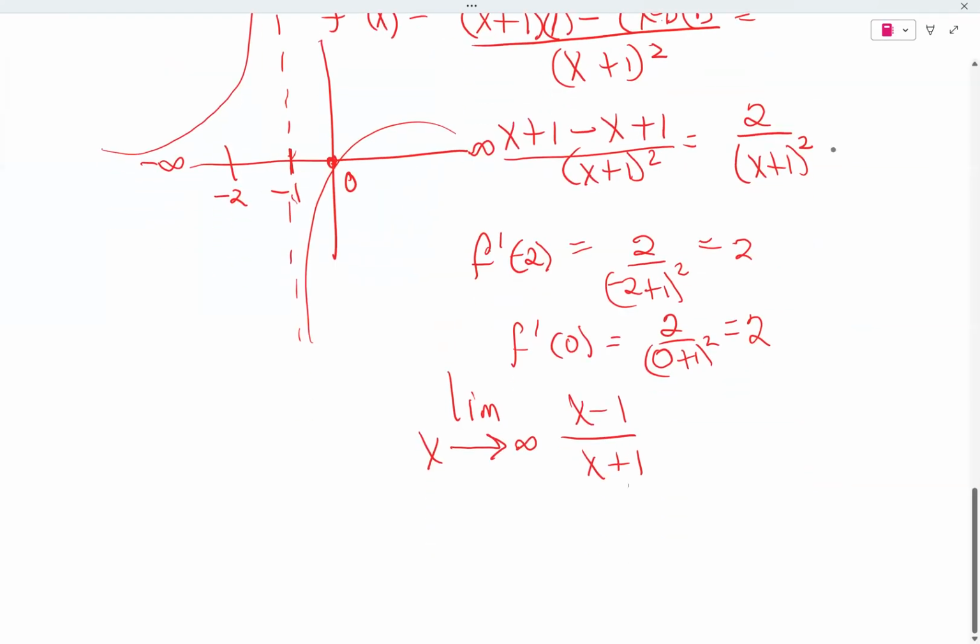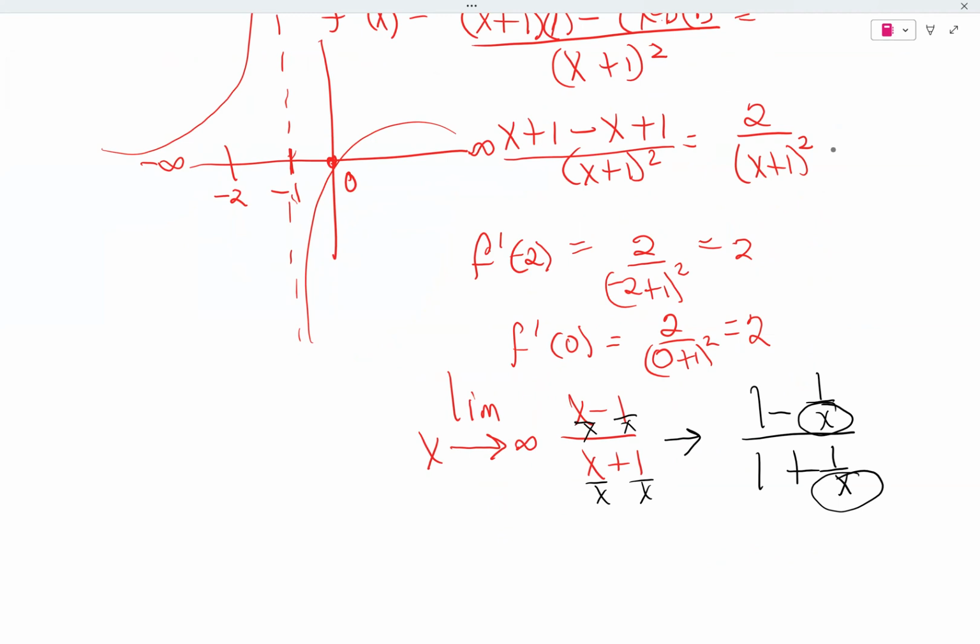Where in this case, I'm dividing this by x, and this by x, and this by x, and this by x. And what ends up happening is I end up with 1 minus 1 over x over 1 plus 1 over x. And you remember, in any denominator, if this denominator is becoming a huge number, the closer this number comes to 0. So that's another consideration for this.